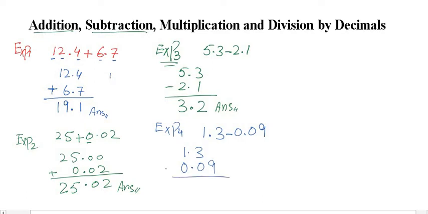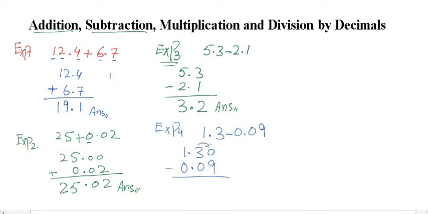If you observe, in this number after the decimal there is only one digit, but in the second number we are given two digits after the decimal, so put 0 to make them equal. Now it's 0 and this 9. 0 is smaller than 9. How can you make it the same or bigger?